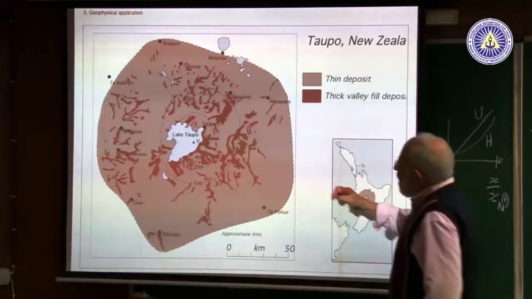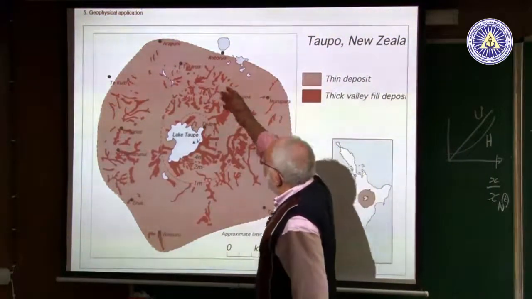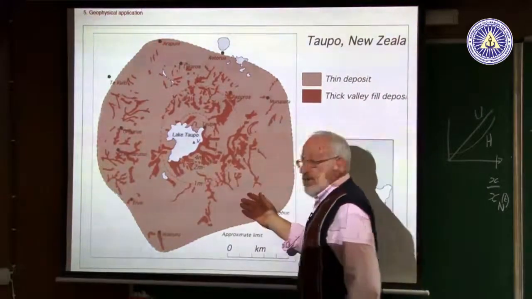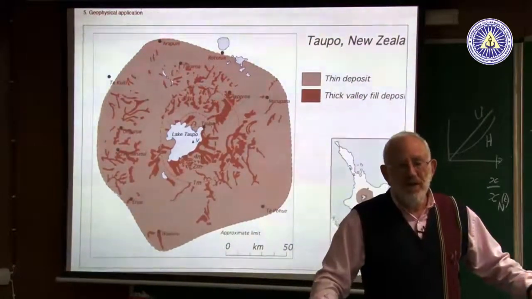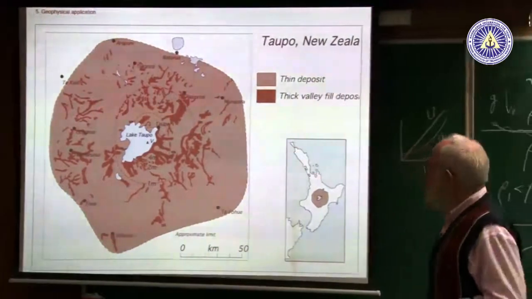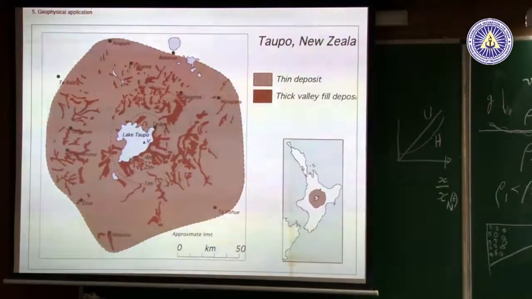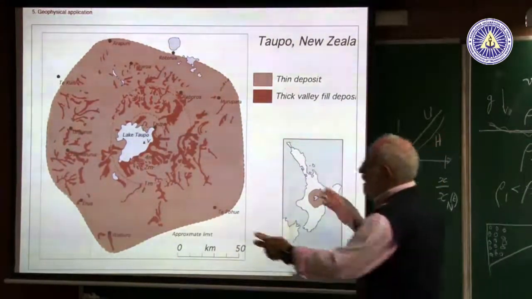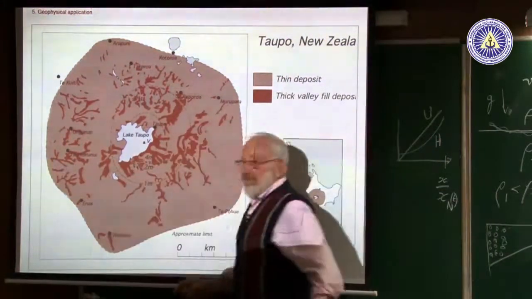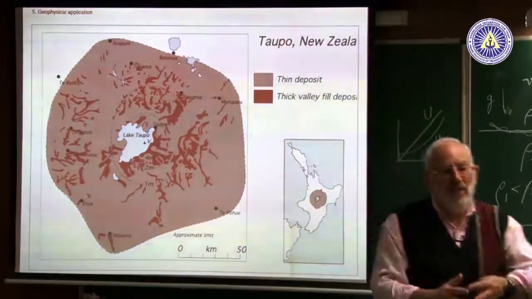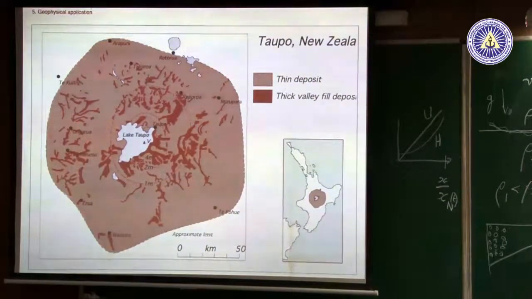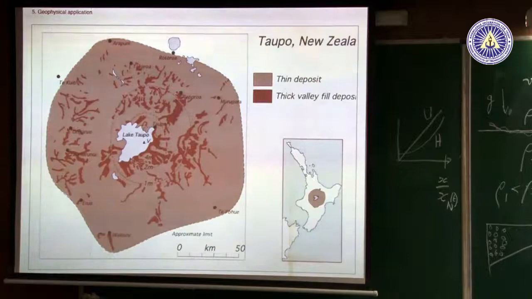And what you know is what the distribution of sediments is now, some 2,000 years after it's happened. Making, without doubt, some simplifying assumptions, can you do the inverse problem? Backtrack what the eruption must have been like, how strong it was, how far it would go.